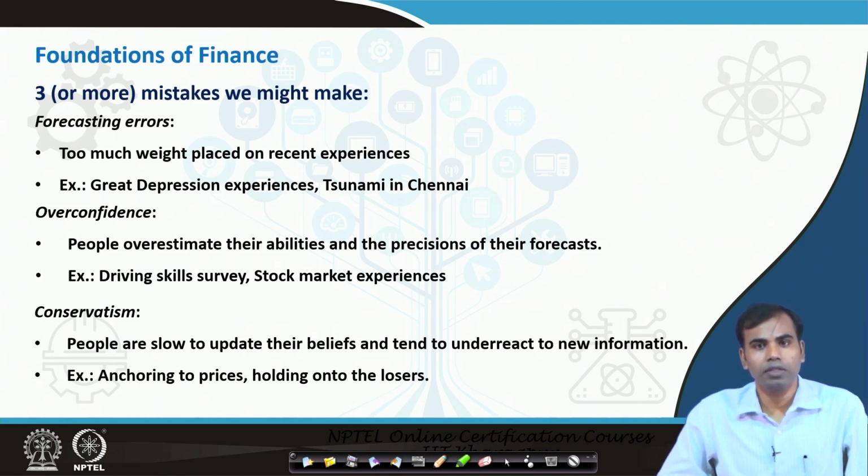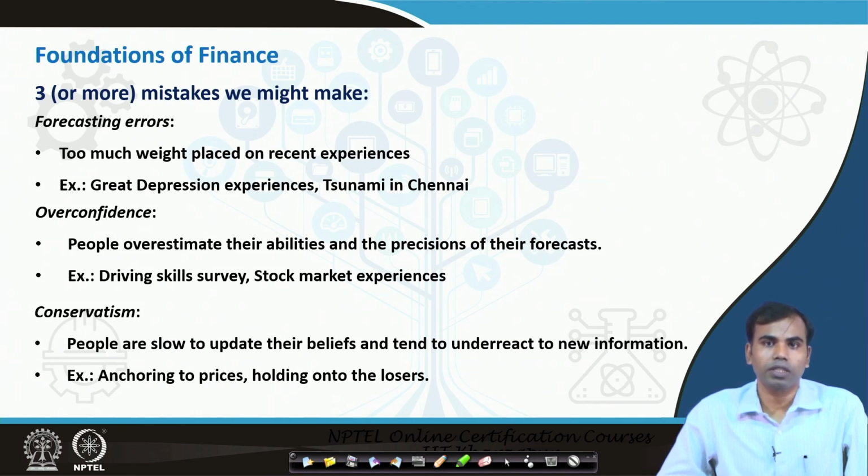Now, a tsunami is basically a low probability and high impact event. It does not occur on a very frequent basis, but individual investors, or individuals in general, base their decisions on their recent experiences and they assign higher probability to the recent events that they have witnessed.